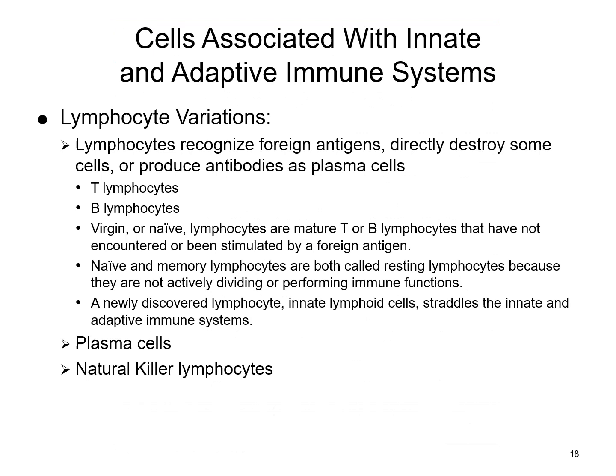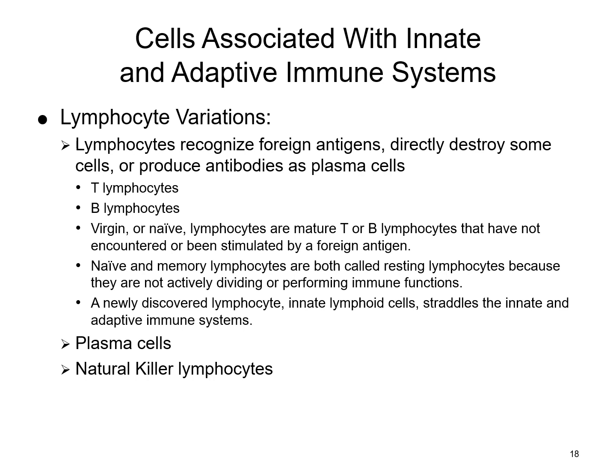Now again, that specific cellular component of the immune system is organized around two classes of cells, and that's the T lymphocytes and the B lymphocytes. Lymphocytes are responsible for recognizing foreign antigens, directly destroying some cells, and being able to produce antibodies as plasma cells.